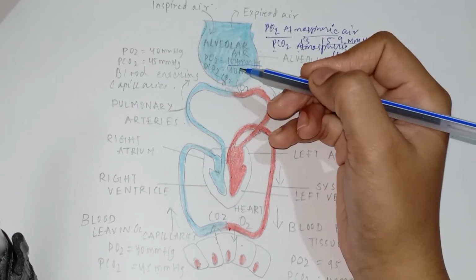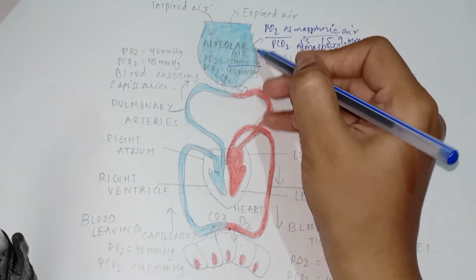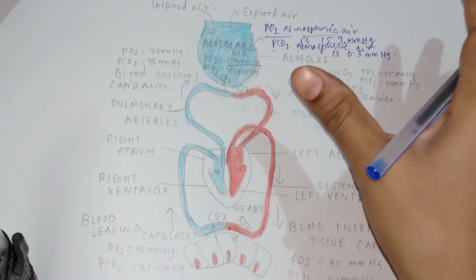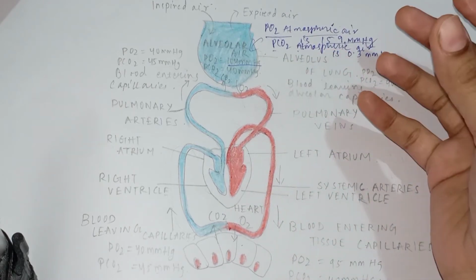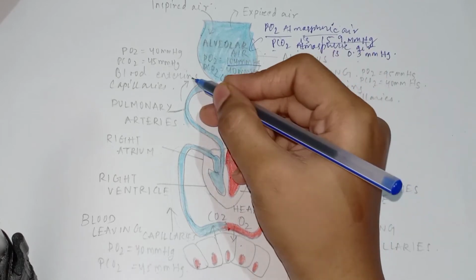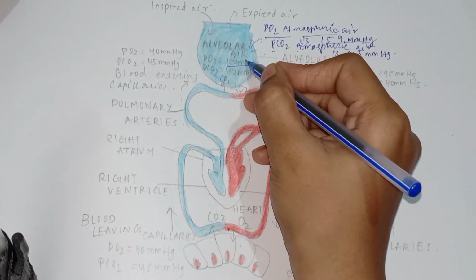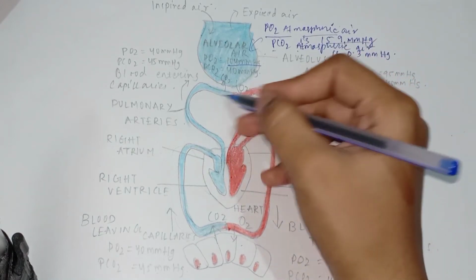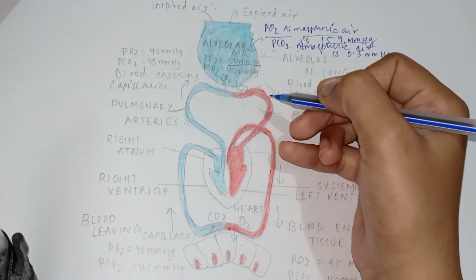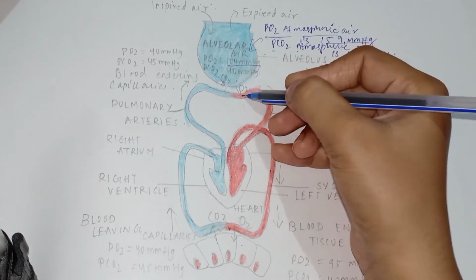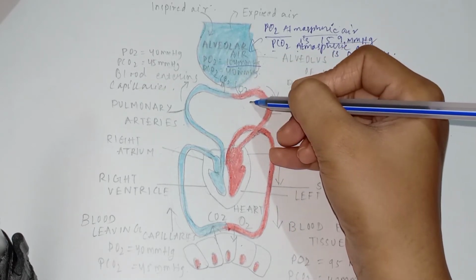So the O2 diffuses into the alveoli, and this occurs in inspiration. Now, as the partial pressure of O2 in the alveoli is 104 mmHg, higher than that in the deoxygenated blood in the capillaries of the pulmonary arteries, the movement of O2 is from the alveoli to the blood.